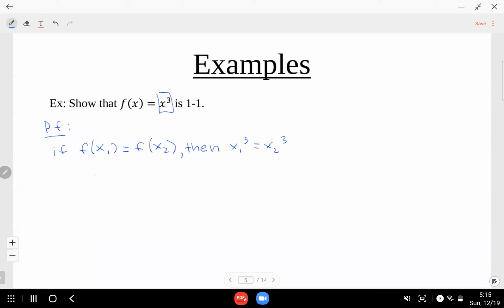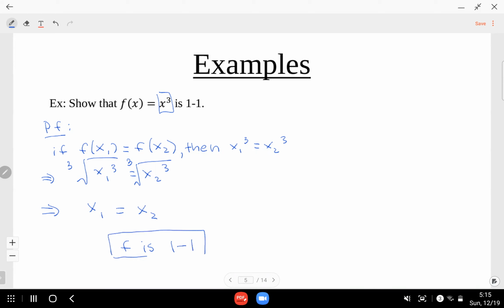And if you look at this, you can take the cube root of this. We take the cube root, keep the equality, then we get that x1 does indeed equal x2, and therefore we get the conclusion that f is one-to-one.